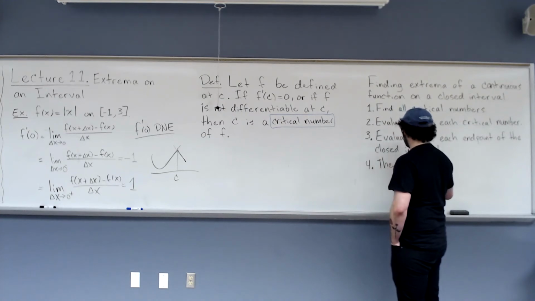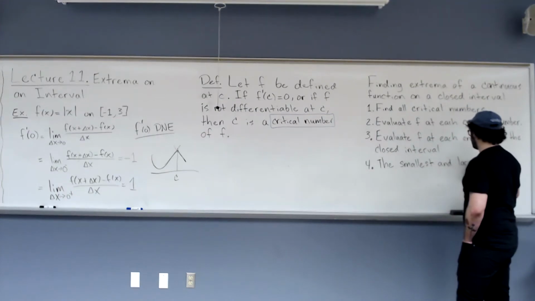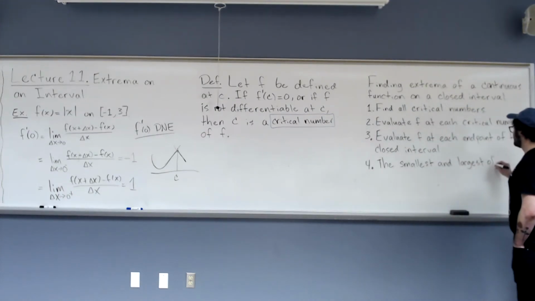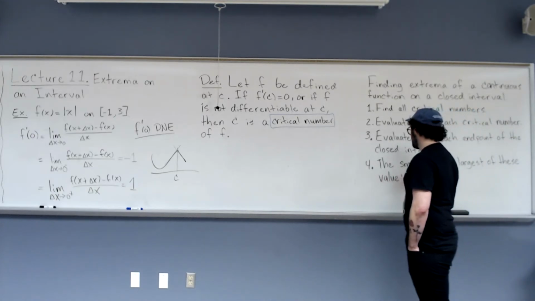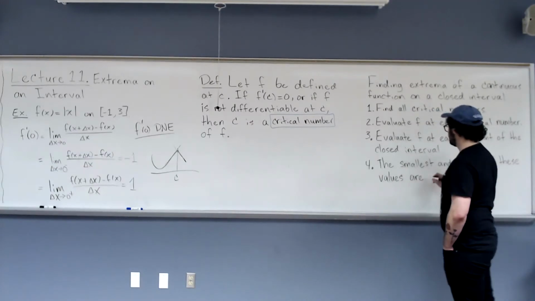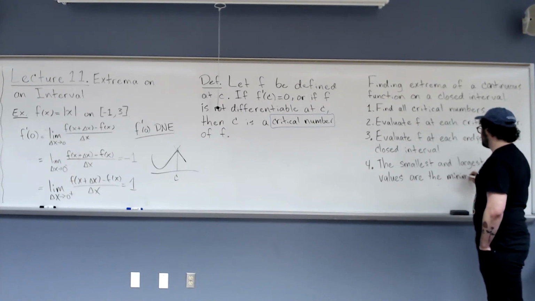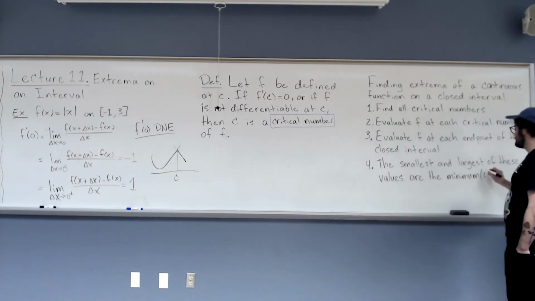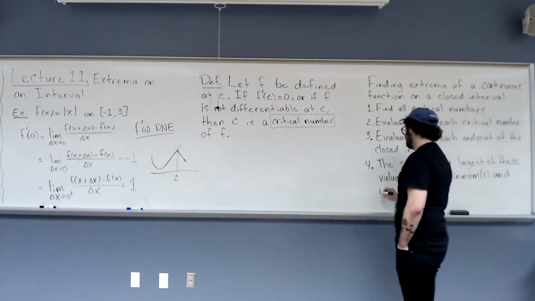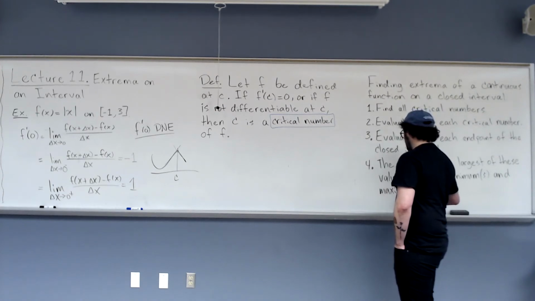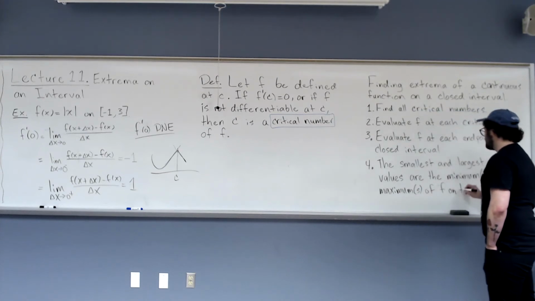The smallest and largest of these values are the minimum(s), it could be more than one, and maximums of f on the closed interval.